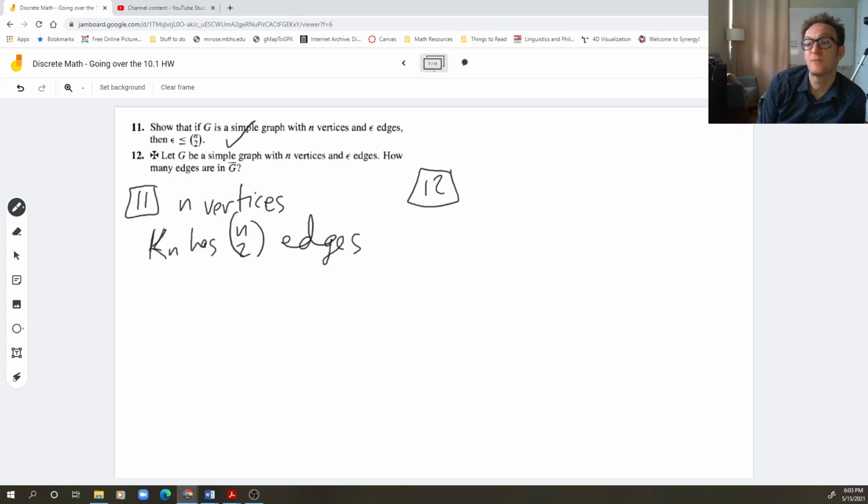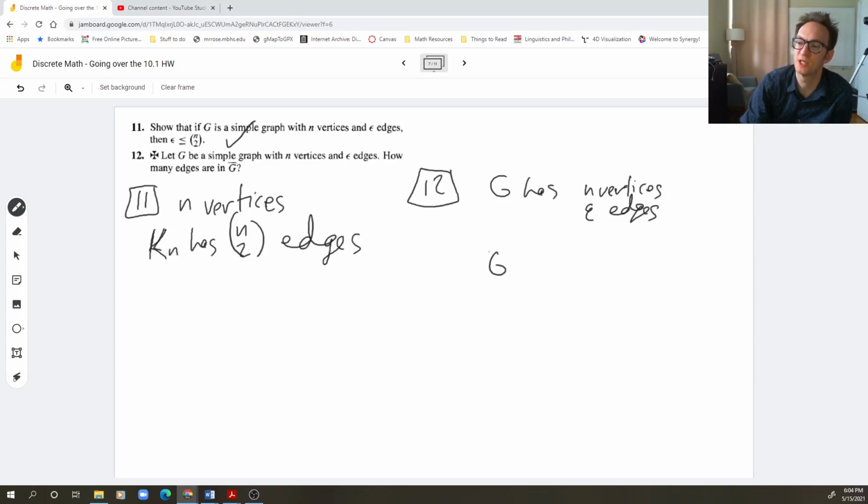Okay, let G be a simple graph with n vertices and epsilon edges. How many edges are there in G complement? Once again, I kind of covered this already in the earlier problems. The complete graph has n choose 2 edges, and G has n vertices and epsilon edges.